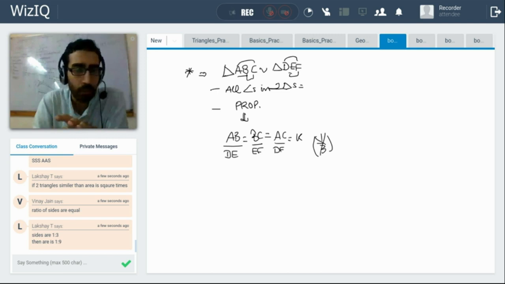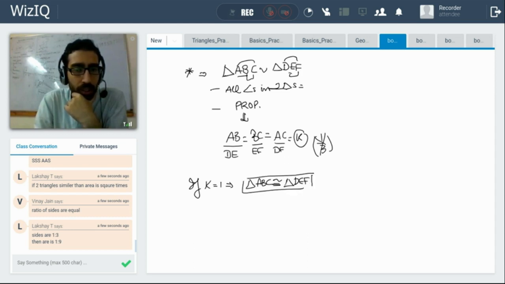Now, not taking 1/3 at this moment. When this K becomes equal to 1, if K is equal to 1, that is what congruency means. That is when triangle ABC becomes not just similar but equal as well. ABC becomes congruent to triangle DEF.